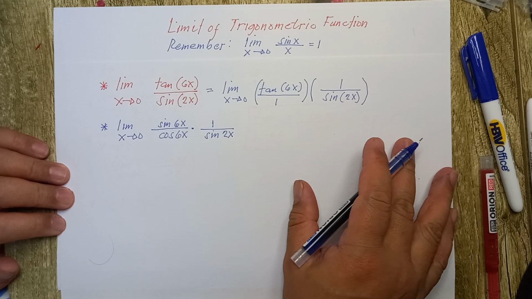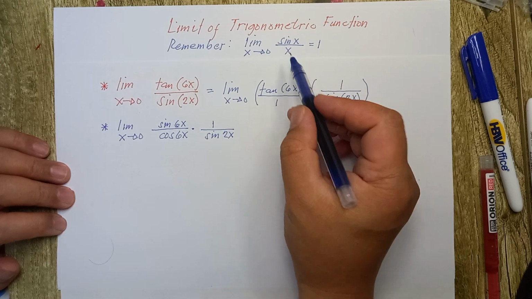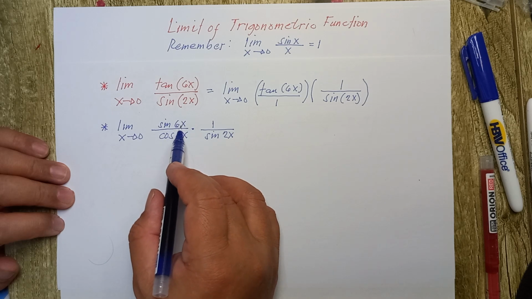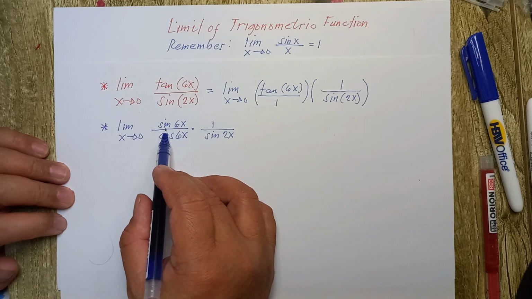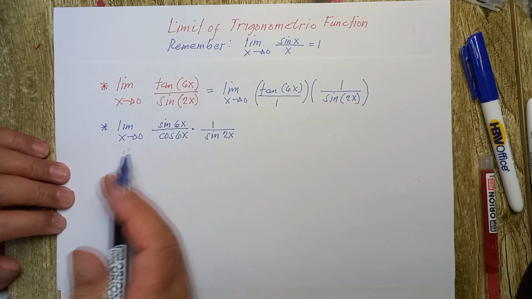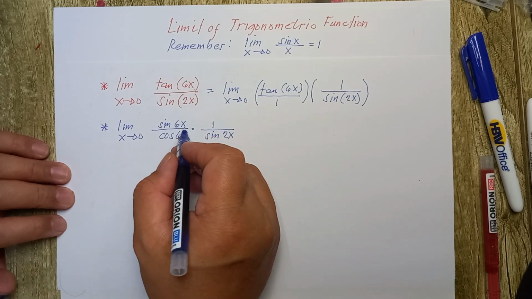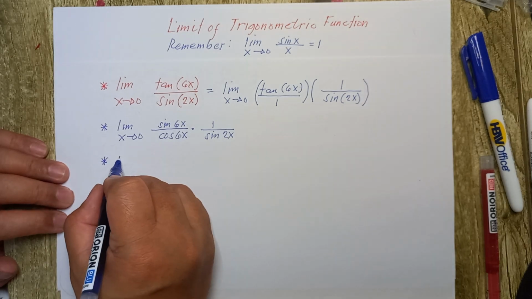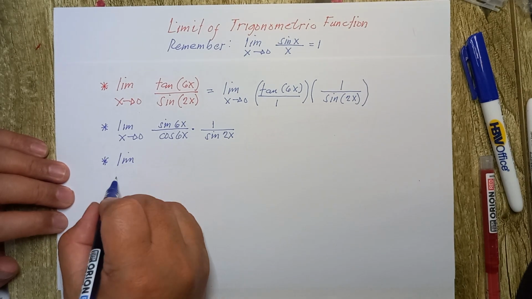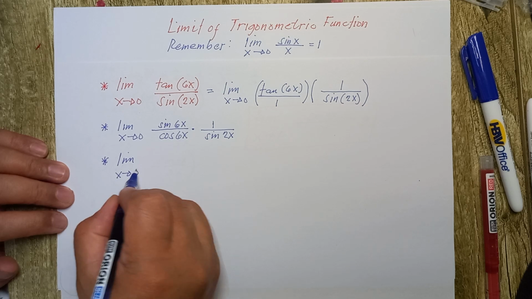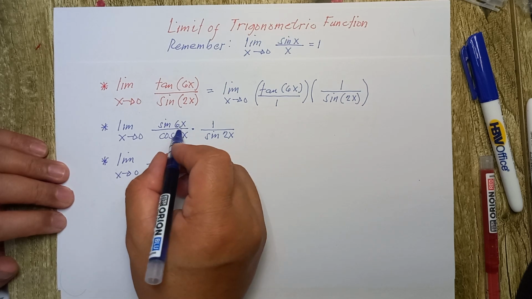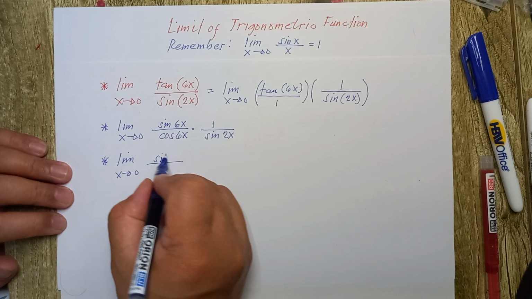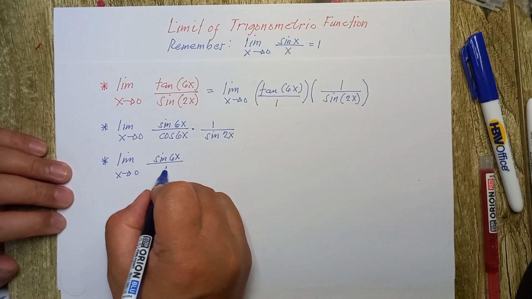Why? Because again, we are trying to apply these things so that we see to it that the denominator of the sine 6x must be 6x. So how do we multiply? Let's factor out again cosine. So in here, the limit as your x is approaching 0, the factor of this one is sine 6x over 1.